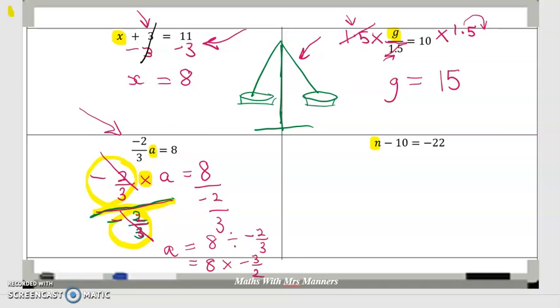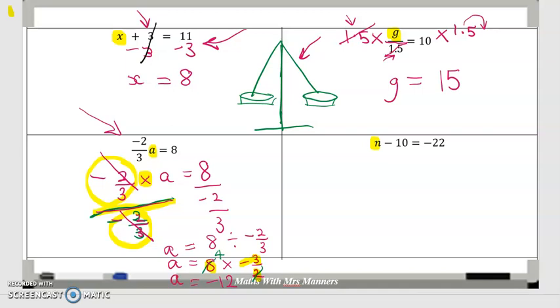And then I can multiply that through. So I could either cancel the 2 into the 8 4 times, and then 4 times minus 3 is minus 12. Or if I wanted to, I could even multiply 8 by minus 3, which gives me minus 24, and then divide by 2, and I will still get minus 12. So my solution here is a equals minus 12.